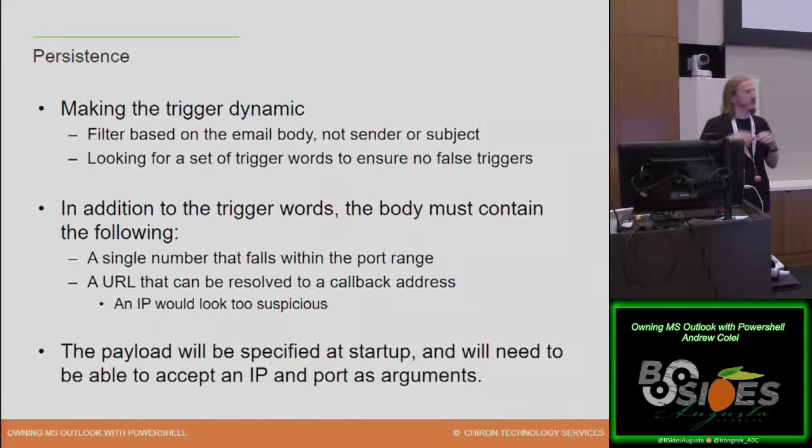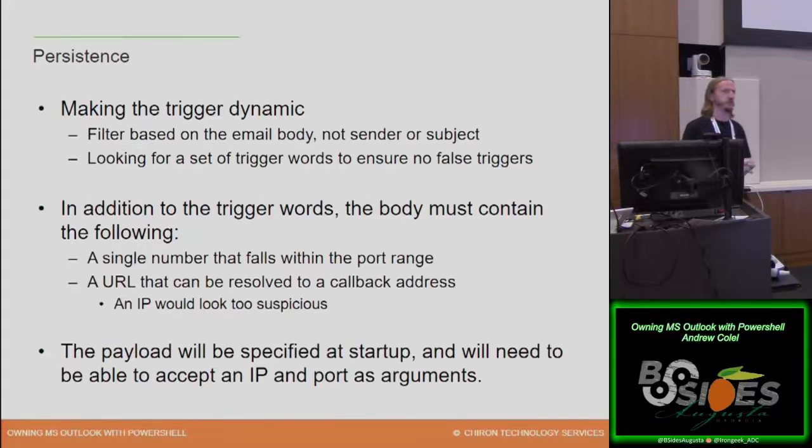We're going to filter on the body of the email instead of the sender address or the subject line. What we're going to do is have it look for a series of trigger words somewhere in the body of the email. So these would have to be 3 words that are common enough that it wouldn't seem really strange.